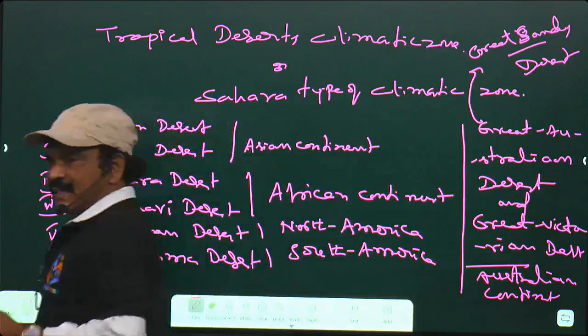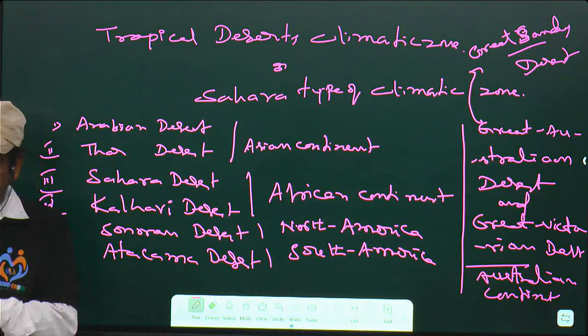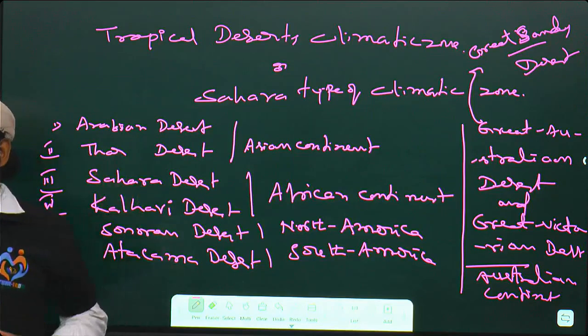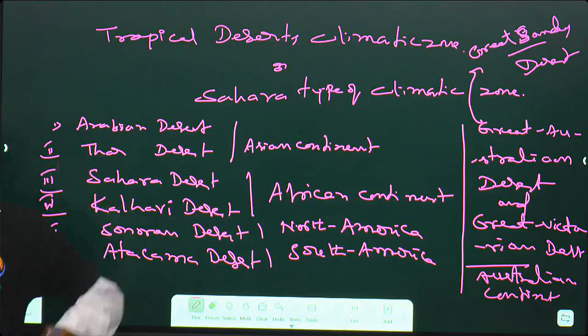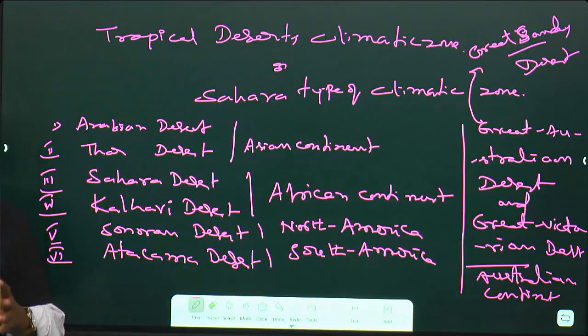What are the reasons? All deserts, particularly tropical deserts, are located in the western part of the continents. What is the reason?